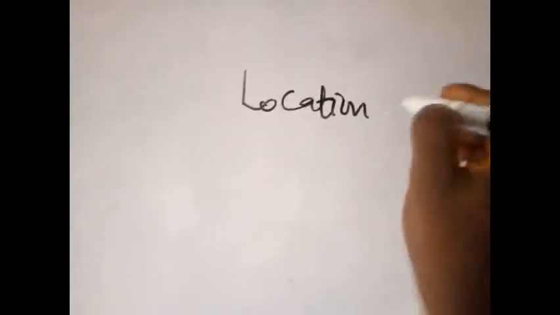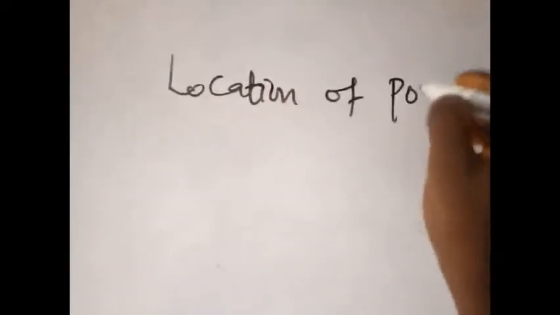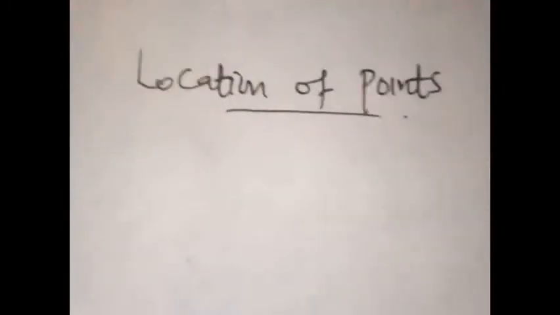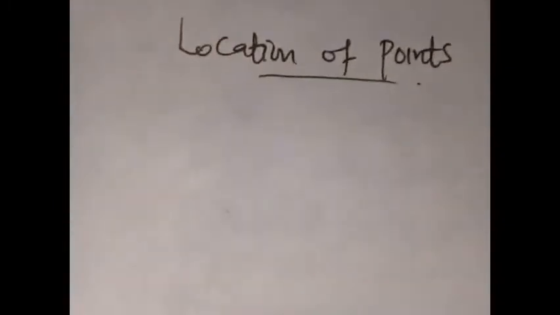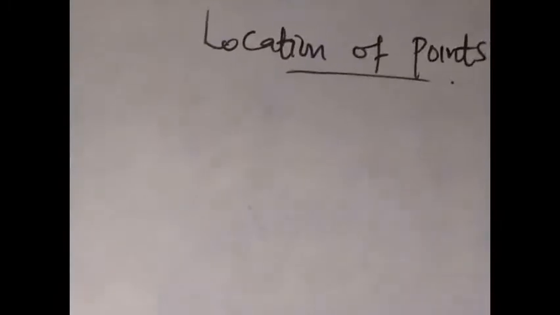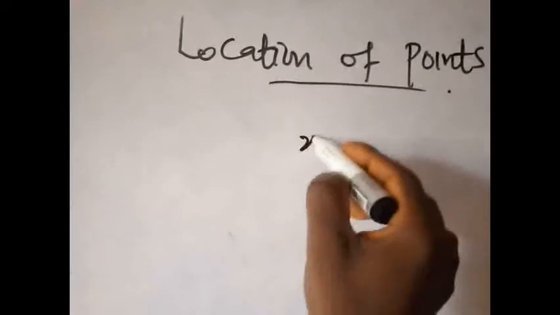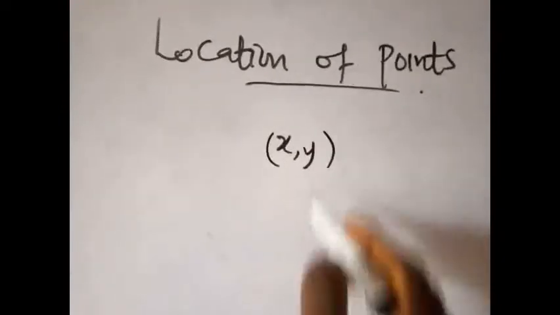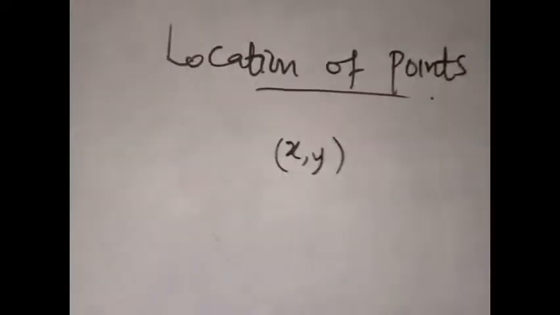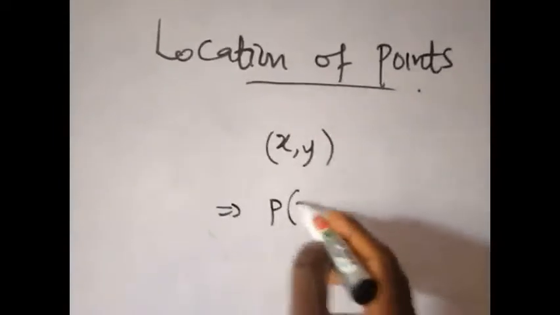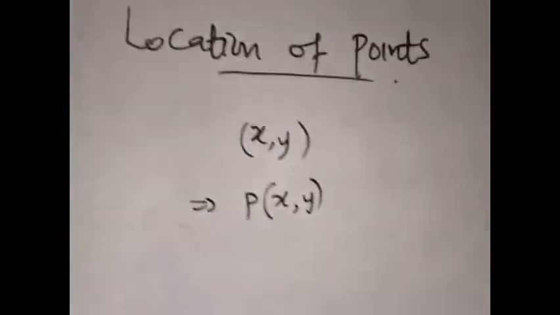Location of point. A point can be located when you are having a coordinate. For example, if you have x, y, this is what we call a coordinate, which can also be written as P of x, y.